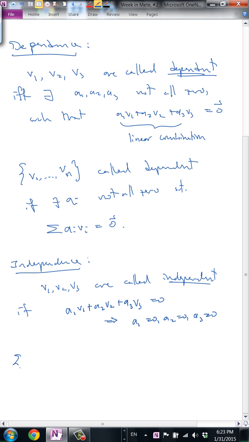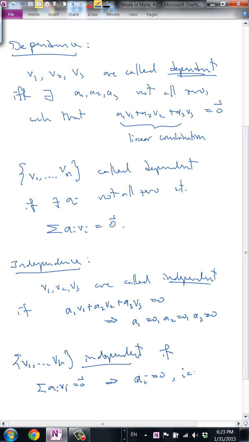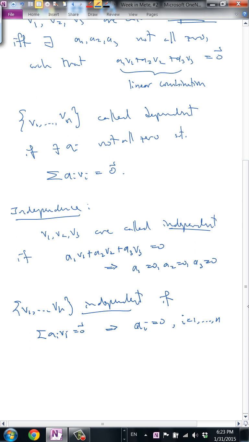And of course, the extension is v1 to vn are independent if the sum of ai vi is equal to 0 can only happen if each of the ai's is equal to 0. Okay, so that's the concept of dependence and independence.